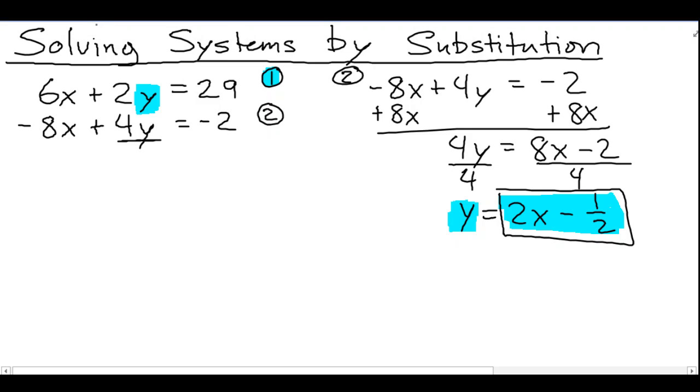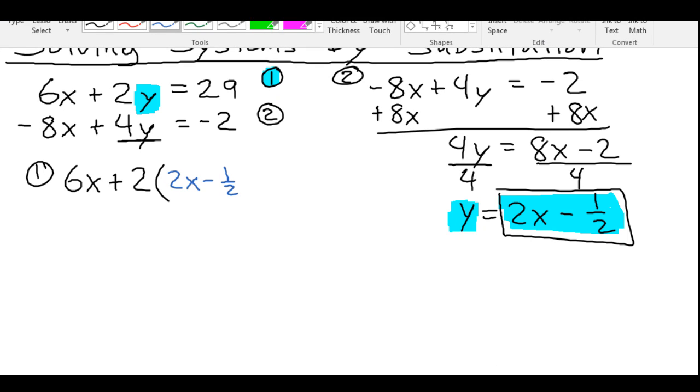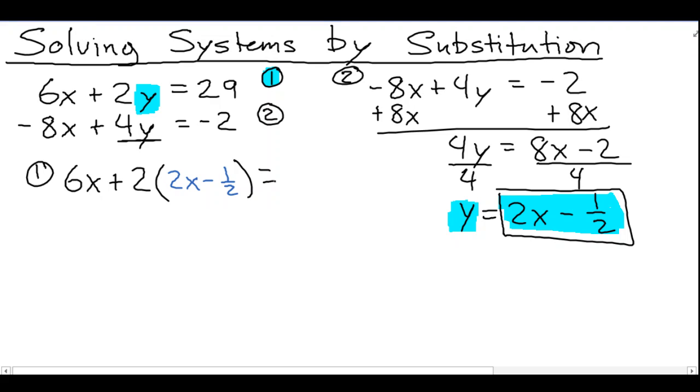See? So here, now I'm going to go to equation number 1. I'm going to write on this side. I have here 6x plus 2, and instead of y, it's actually 2x minus 1/2. See that? What this does is it gives you a new equation. It's technically the same equation, but with only one variable now, right? You have only x's in this equation 1, as opposed to before.